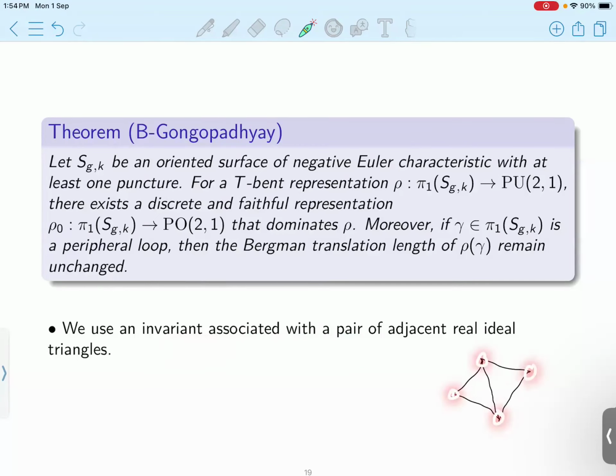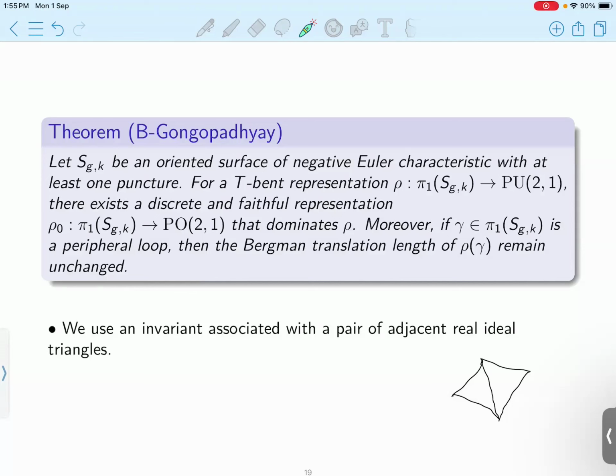But for a general representation into PU(n,1), I don't yet know if there exists such a coordinate that parameterizes these kinds of representations. That is the first difficulty. One can try to think about this geometrically, but I'm not sure.